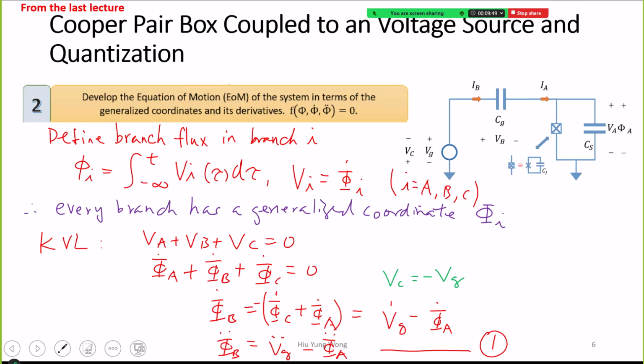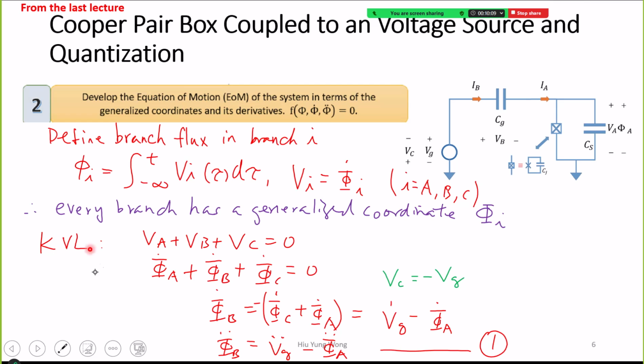For now, you just treat it as every voltage you want to treat. But you will find that the voltages you get are not independent eventually. So this is pretty lousy when I say branch. Maybe just take it as flux equal to the integration of the voltage. Okay, you always ask me difficult questions.